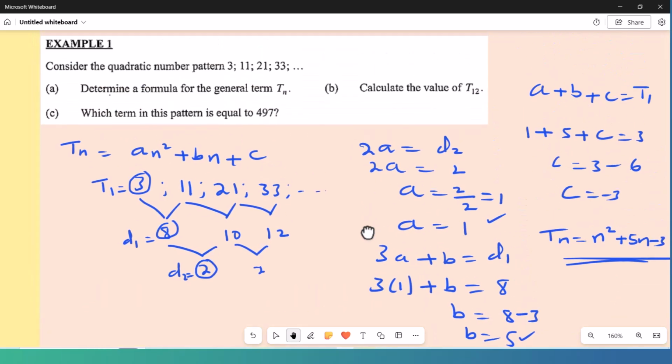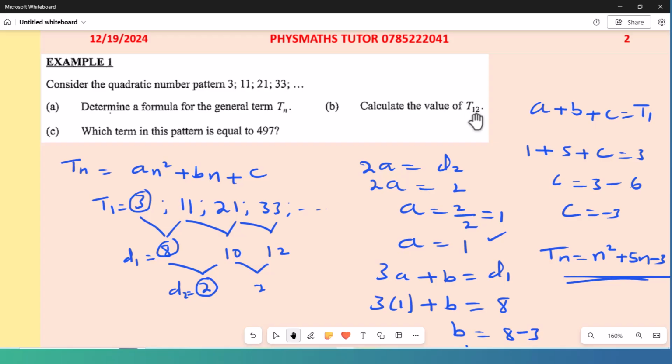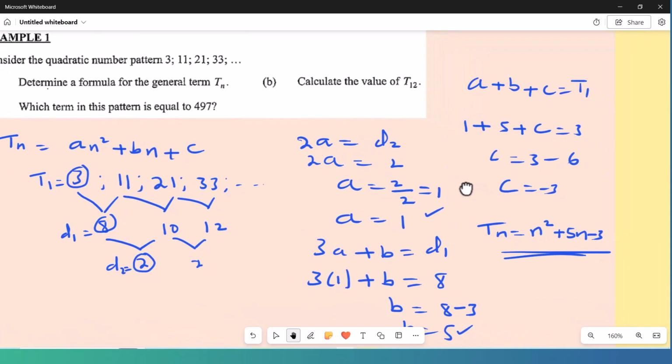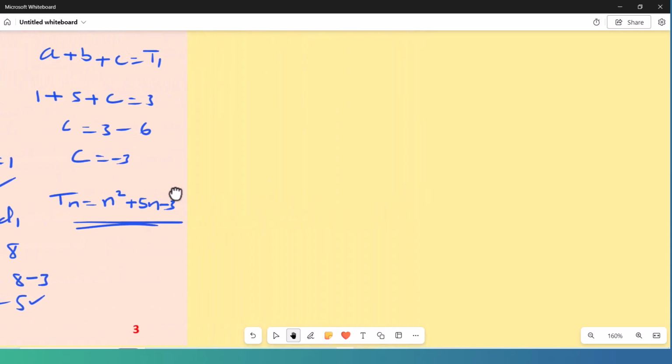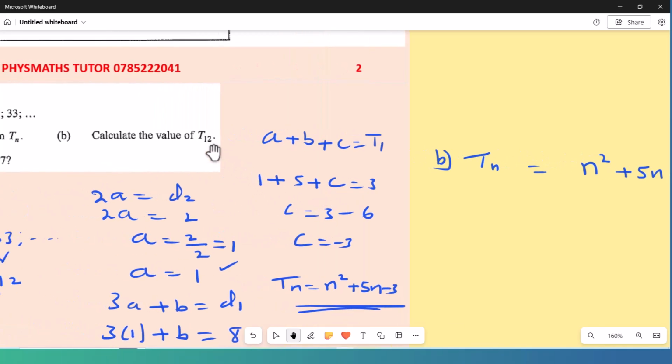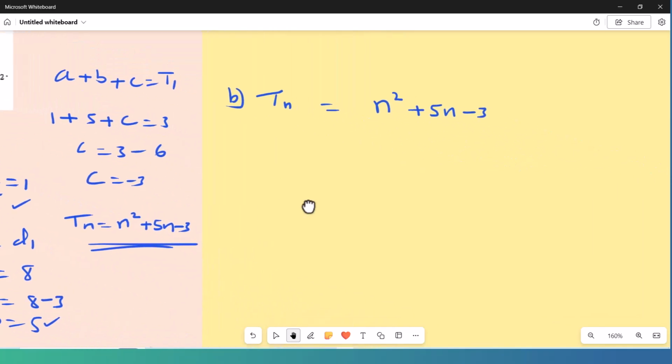Okay, now another example here, part B. They say calculate the value of T12. After getting our number pattern, to find T12 is very simple. What do we do to get our T12? Because we have our Tn as n squared plus 5n and then minus 3, and because they said find the value of T12, our n is 12.